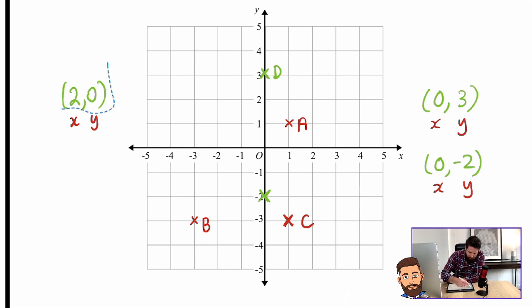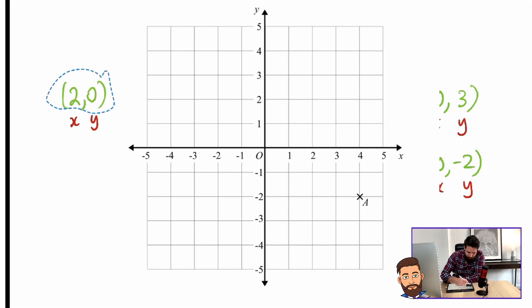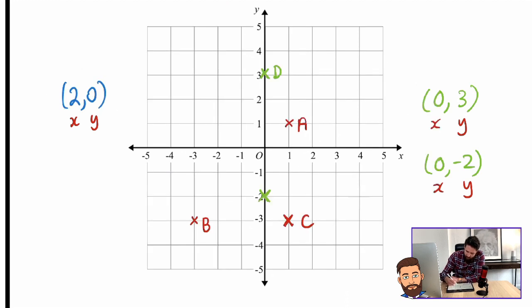So if I just change that green to a different colour, we can see that that point would be there. So whenever y is 0, I'm always going to end up on the x-axis. So this blue coordinate here, 2, 0, I'll always end up on the x-axis because the y is 0, which means I go across and then I don't move up or down. I stay at 0. That was a fantastic question.